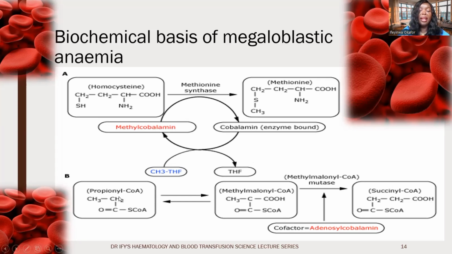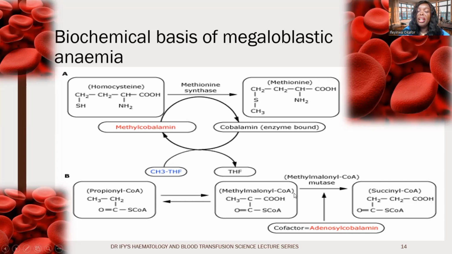Another important reaction that we need to also note is the conversion of propionyl-CoA to methylmalonyl-CoA. This methylmalonyl-CoA is later converted to succinyl-CoA. In this reaction, methylmalonyl-CoA mutase serves as the enzyme, but vitamin B12 is also needed in this reaction as a coenzyme in the form of 5-adenosyl cobalamin.